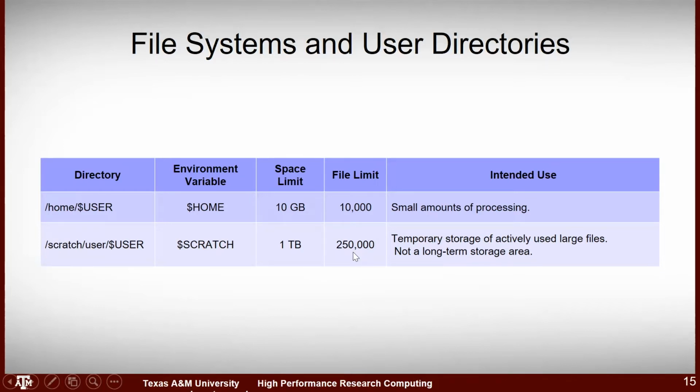If you have a reason that you need more, usually because you're on a research project and your PI says this research project is important, you need more, then you can actually request more temporarily, or if your PI wants to pay, then you can get it more permanently. But that's the one where the upper limit is based on your need rather than just technically speaking, because the scratch file system is designed to handle very large volumes.